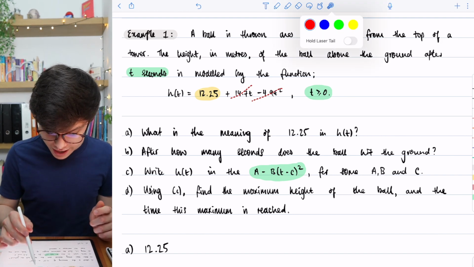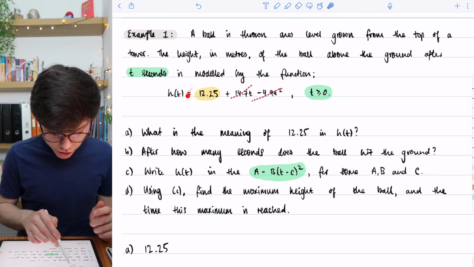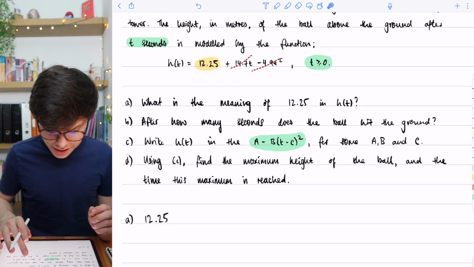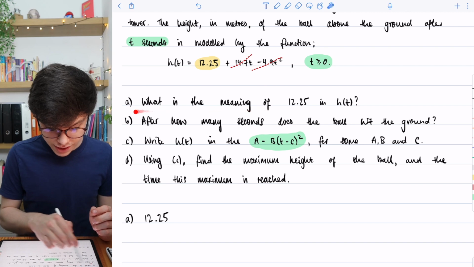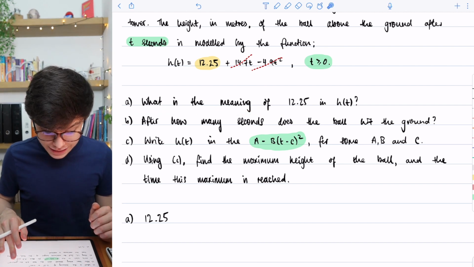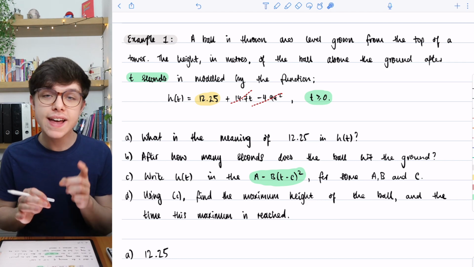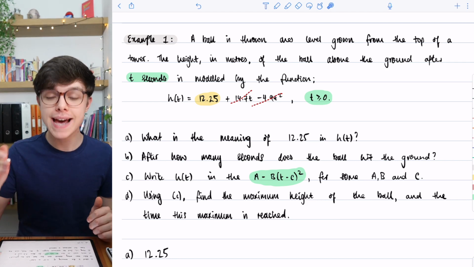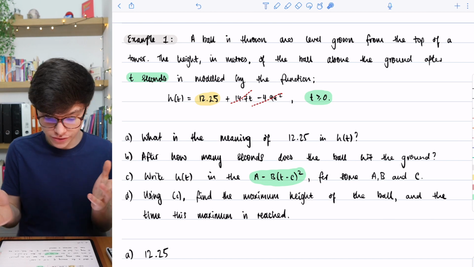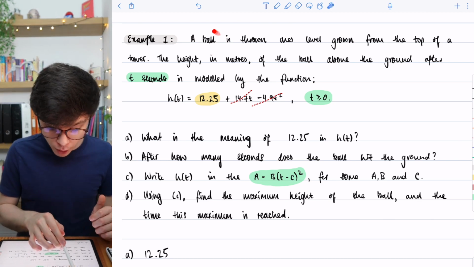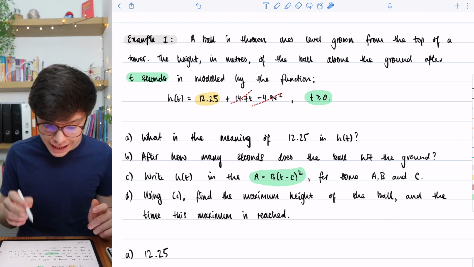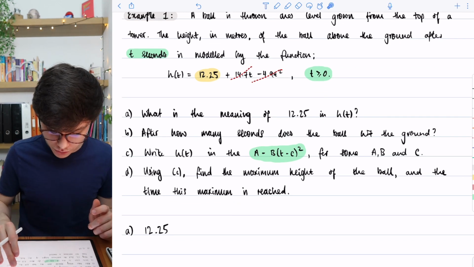So the only term that we're left with is the 12.25. So that's going to be quite useful for answering this question. At time t equals 0, we just get 12.25, so that must be the height of the tower that the ball, or the person, I don't know whether a person's throwing it, but the ball is on. It's the height of the tower, okay?